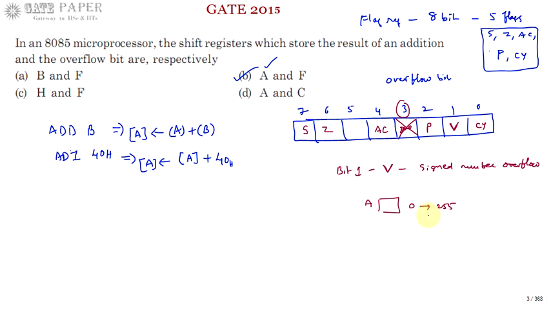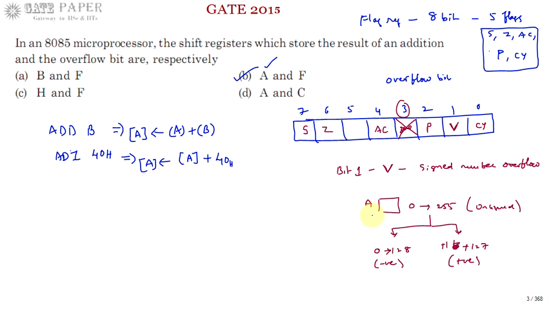If you are using it for signed operation, half can be used for positive numbers and half for negative numbers. That is for signed, unlike unsigned.